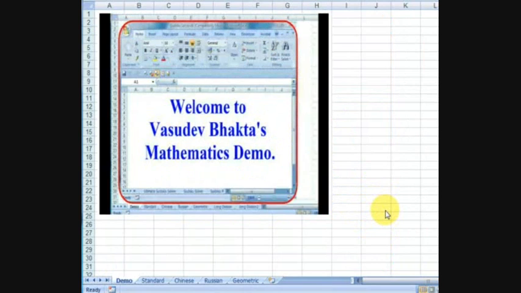So let's take a look at the multiplication.xls file. The file consists of 5 tabs at the bottom here.